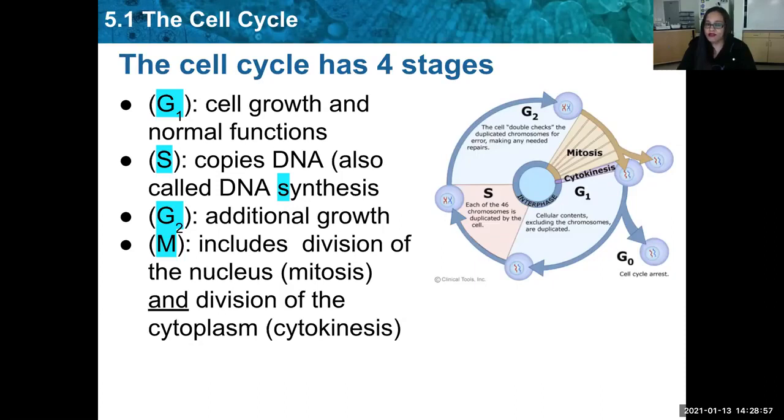And M. M includes division of the nucleus. That process is called mitosis. And the division of the cytoplasm. And that is cytokinesis, when the cell actually splits or moves away from each other. Mitosis and cytokinesis will be the focus of next week.